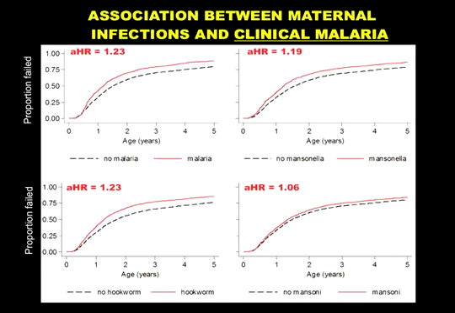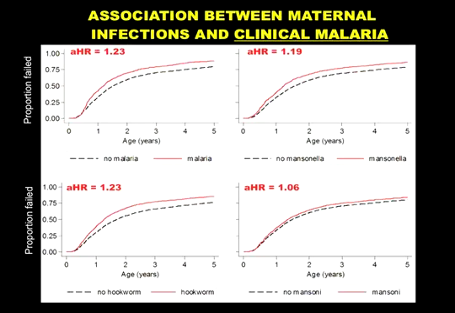The Kaplan-Meier graphs show cumulative incidence of childhood malaria from age around just before 6 months to age 5. And again, by maternal malaria infection, maternal Mansonella infection, maternal hookworm infection, and maternal Schistosoma mansoni infection.